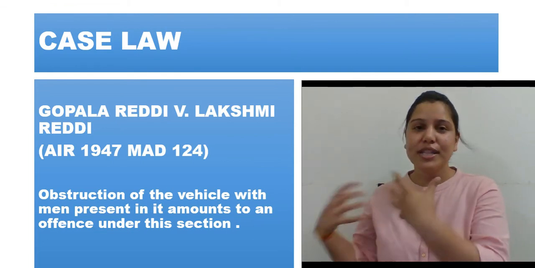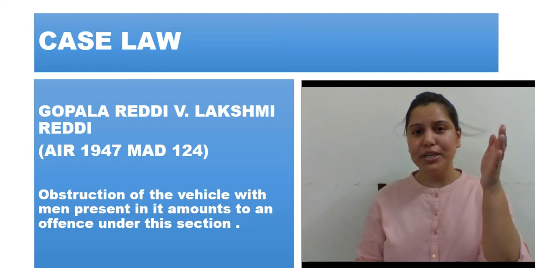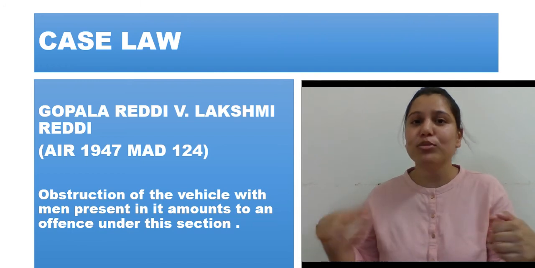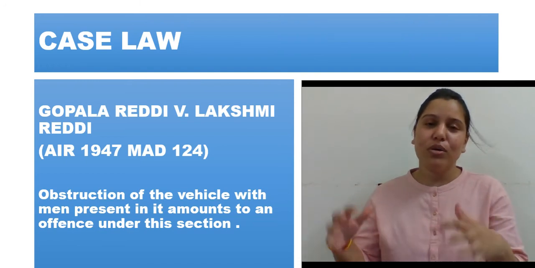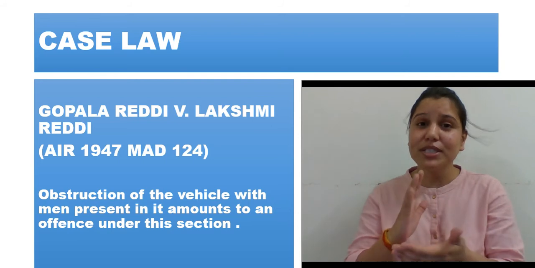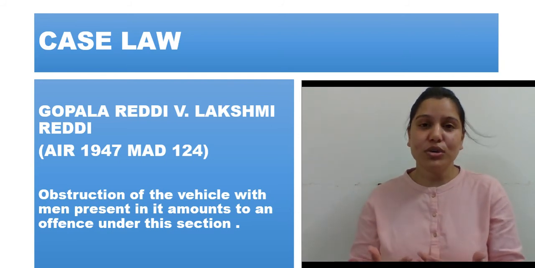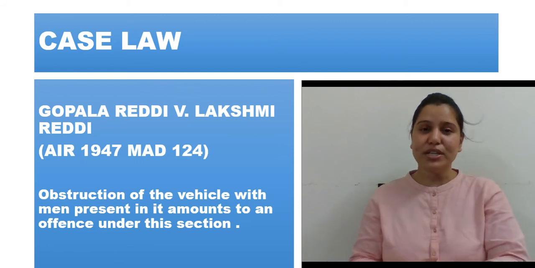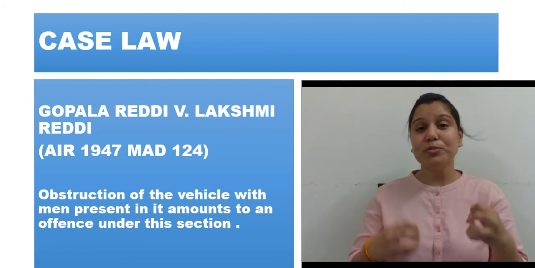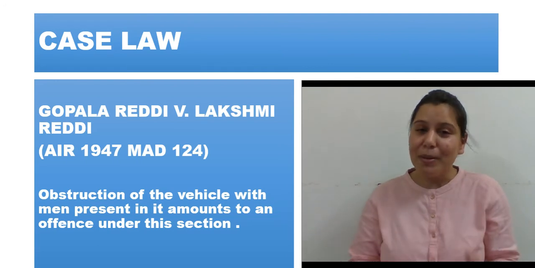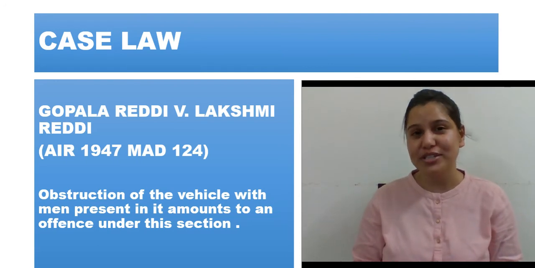A car is there at the parking lot and suddenly somebody puts up a barrier in order not to make that car move, if somebody later on wants to take that car, whatever it is. But the time when it was there, no person was there. So, by this very case law, it got cleared that obstruction of the vehicle with men present in it amounts to an offense of wrongful restraint.